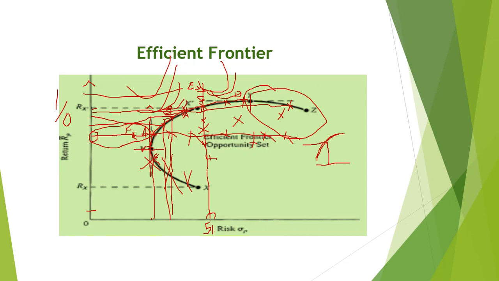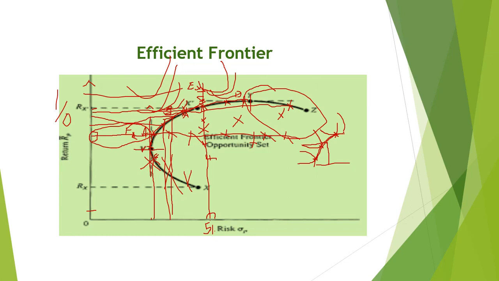If you draw a tangent from here, it will touch at one point. I'll draw more. It will be like this, like this, like this. So it will touch the efficient frontier, for example over here at one point, and that will be the combination of your investment decision and your preference decision.